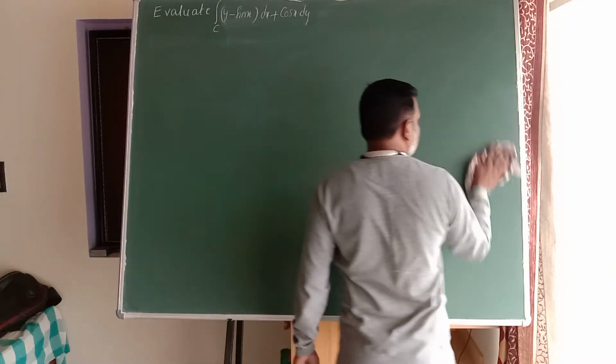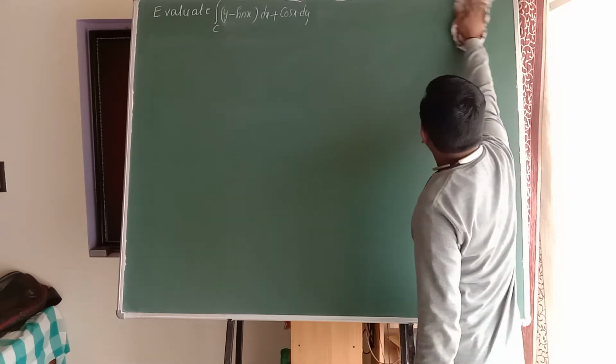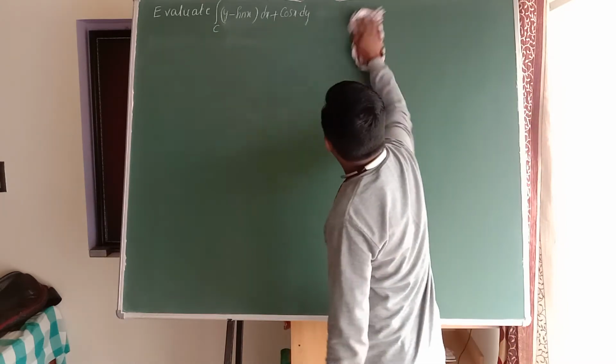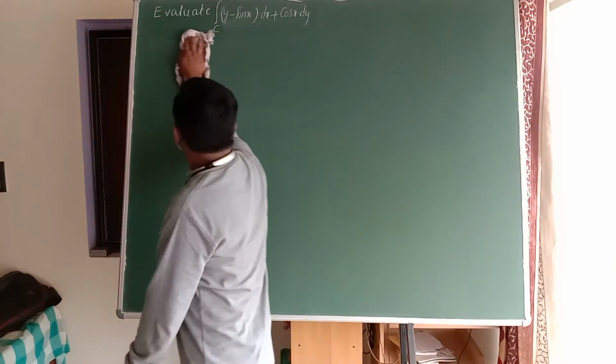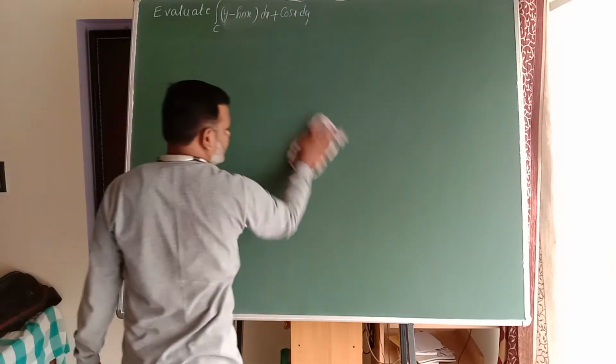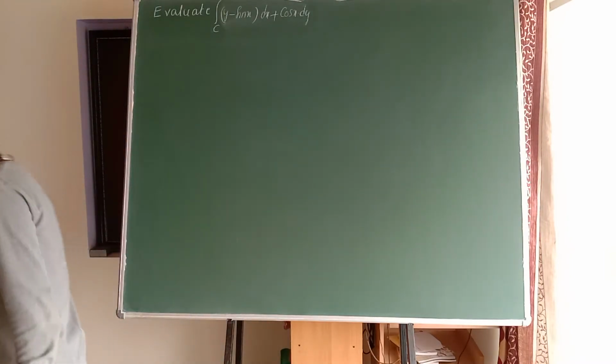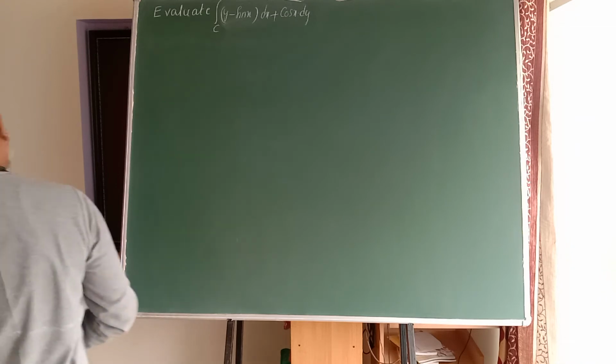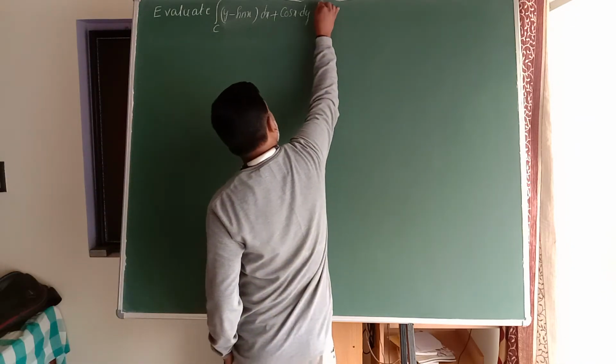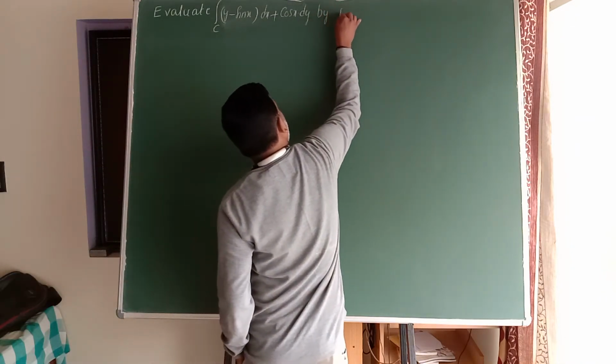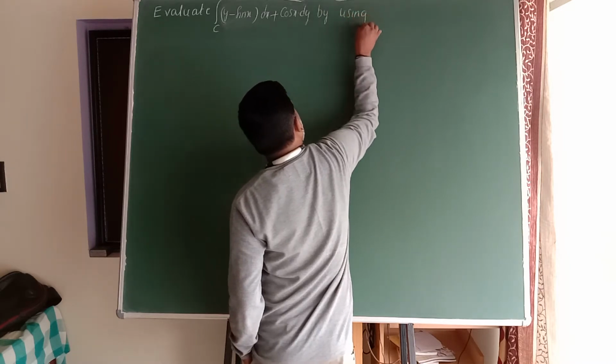Observe that in all the Green's theorem problems, the variable z is absent, therefore it is defined only on the xy plane. Now write down the question using Green's theorem.